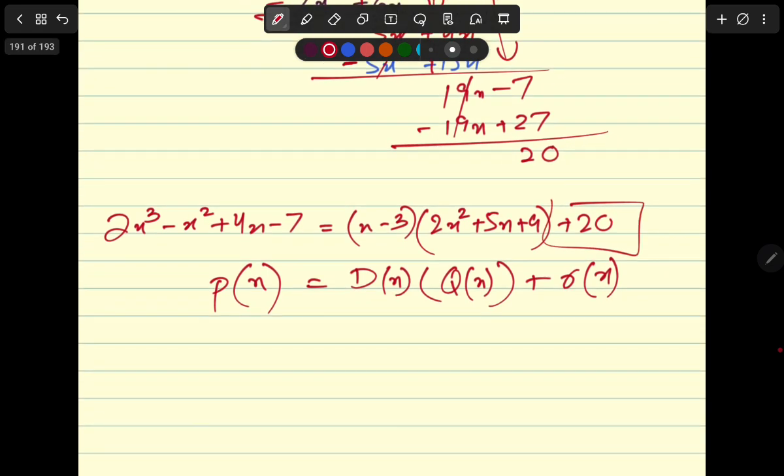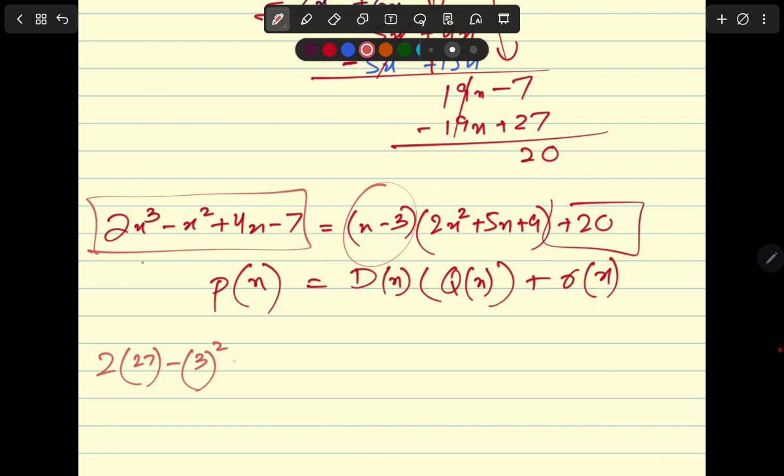What would have happened if I just make this bracket 0? So I put x is equal to 3, and I can put x is equal to 3 here as well. So this becomes 2 times 3 cubed, which is 27, minus 3 squared plus 4 times 3 is 12 minus 7. This bracket becomes 0, and whatever the other factor becomes doesn't matter, because 0 multiplied by whatever becomes 0. Plus 20. So this here is 20.